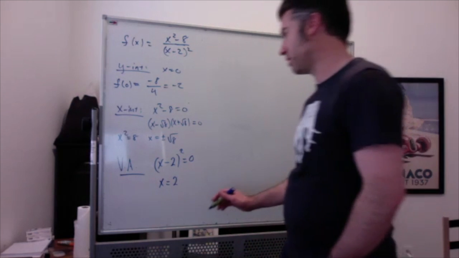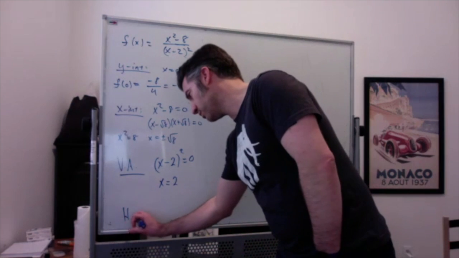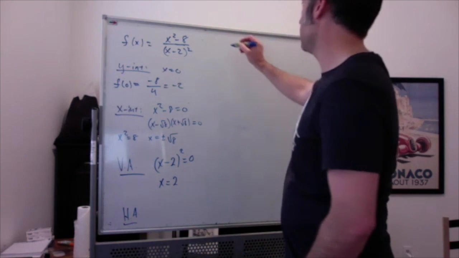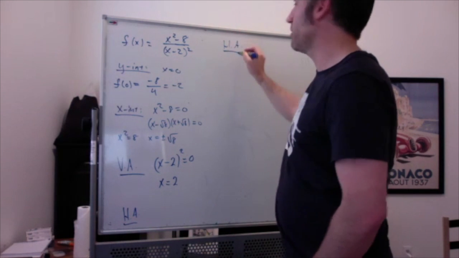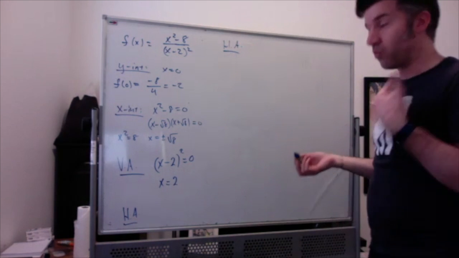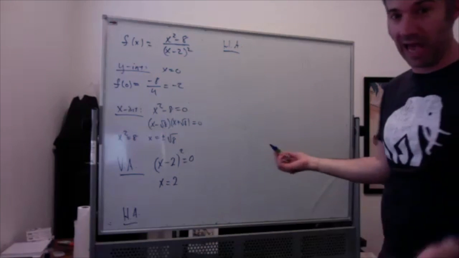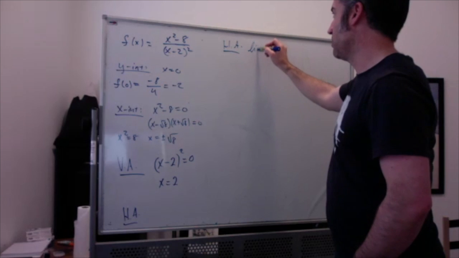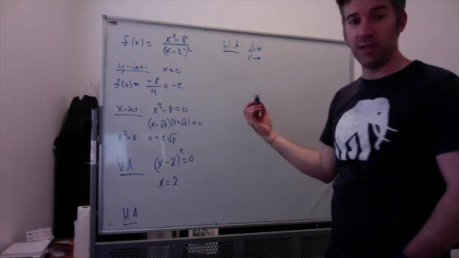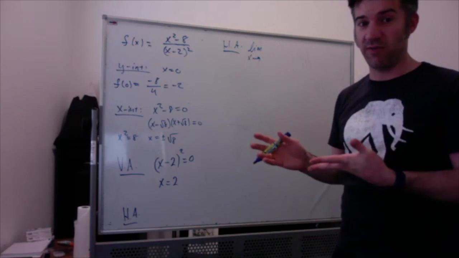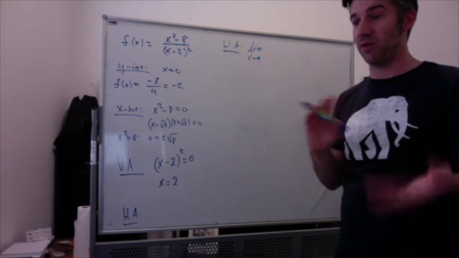And finally, the horizontal asymptote. Now let's go up here. This is where I say the thing about taking the limit. When you're finding a horizontal asymptote, what you're actually doing is taking the limit as x goes to either plus or minus infinity. For a rational function, it's the same on either side, so we don't have to look at both sides.